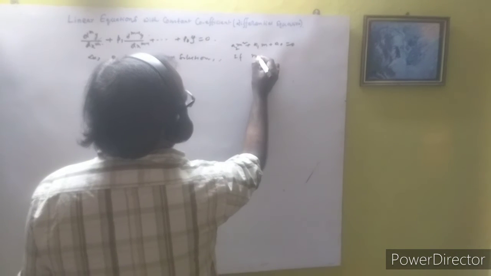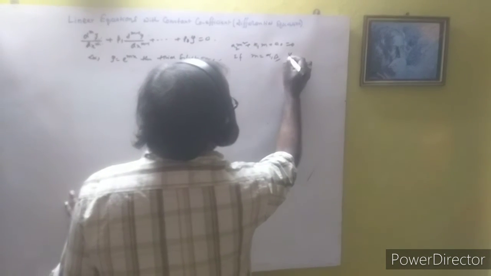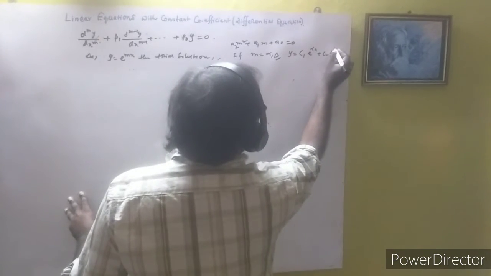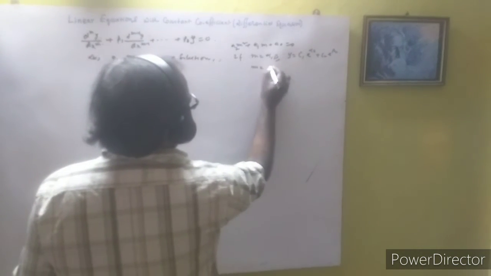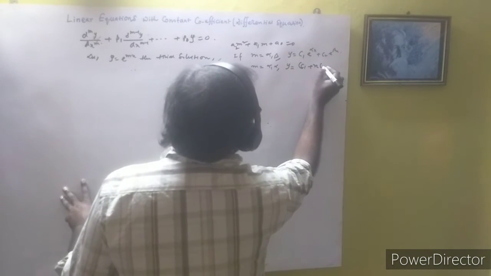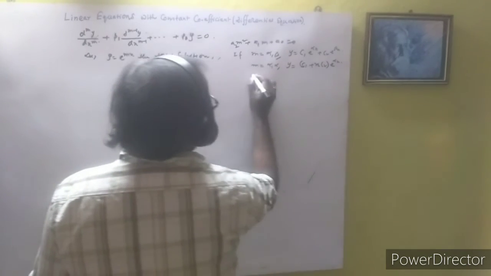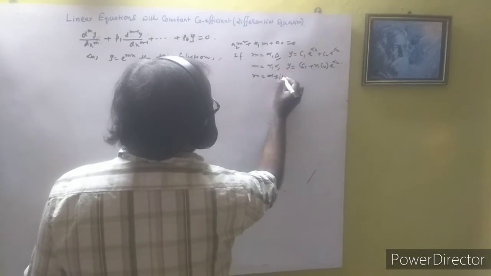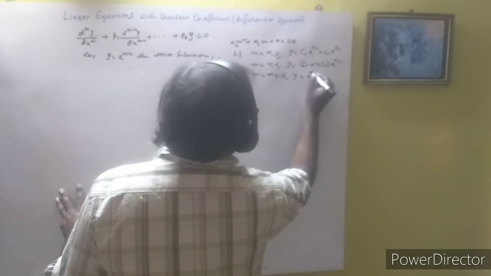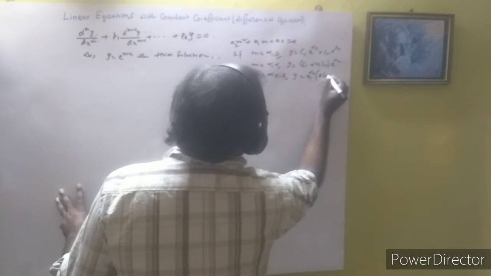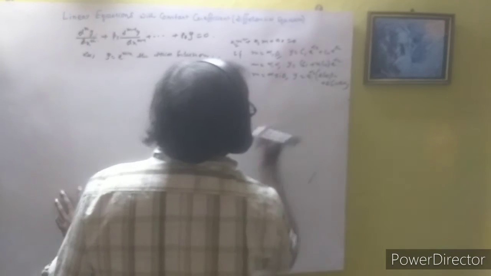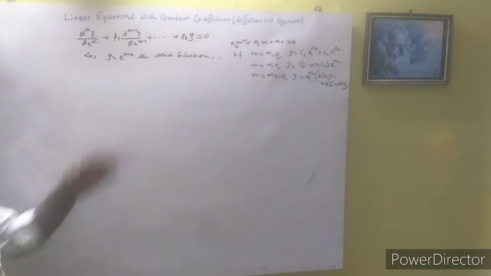If m equals alpha, beta, then the solution is c1 e to the power alpha x plus c2 e to the power beta x. If m equals alpha, alpha, then we get (c1 plus c2 x) e to the power alpha x. If alpha plus or minus i beta, then y equals e to the power alpha x times (a cos beta x plus b sin beta x). So these are the three main points needed.